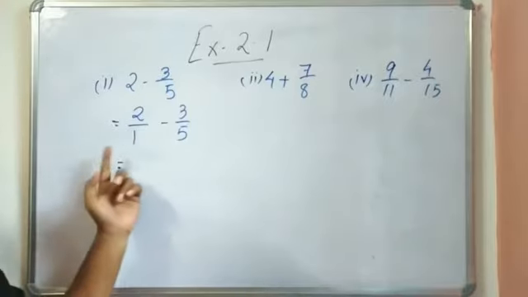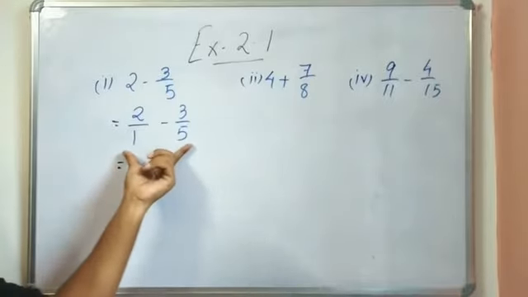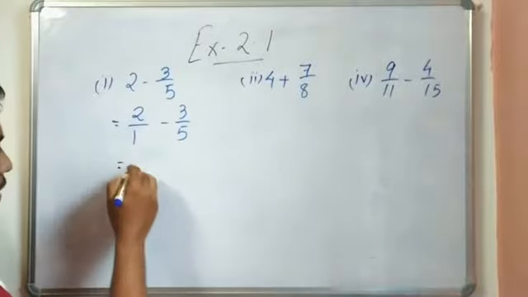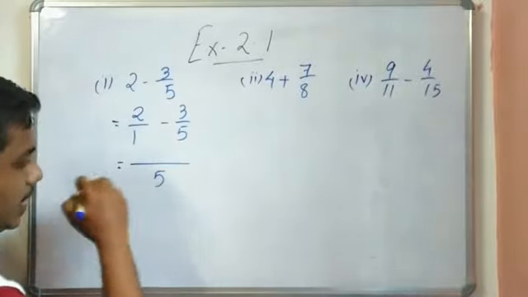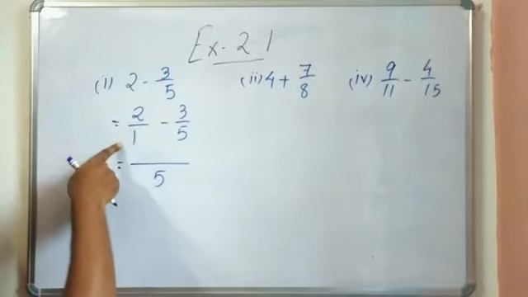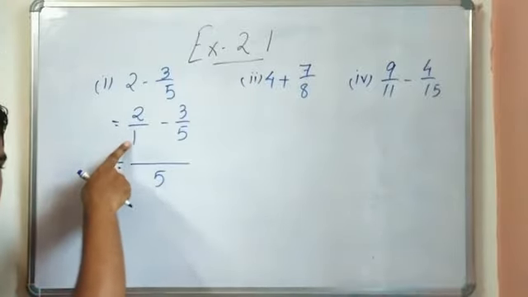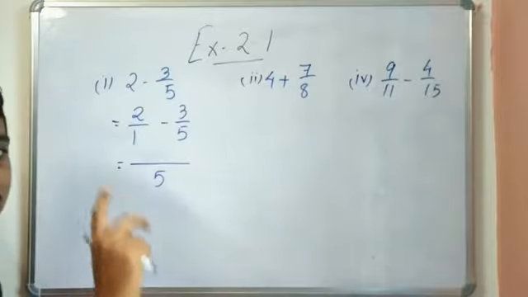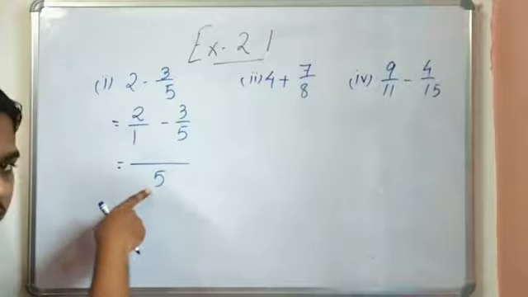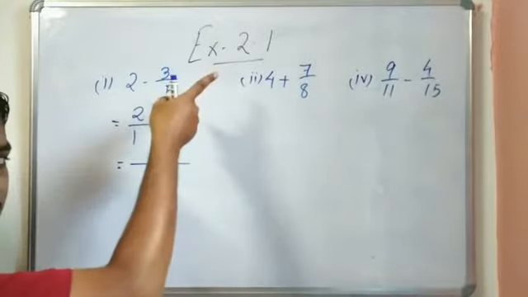If I solve it this way, I take the LCM of the denominators. The LCM will be 5. To make the fraction equivalent, below we have 1, so to make it 5 we need to multiply by 5, and that 5 should also be multiplied above.